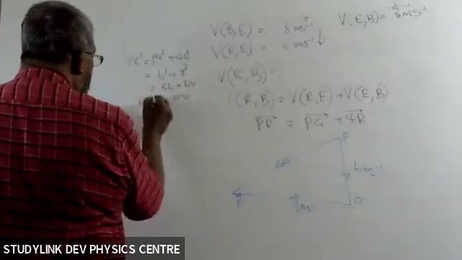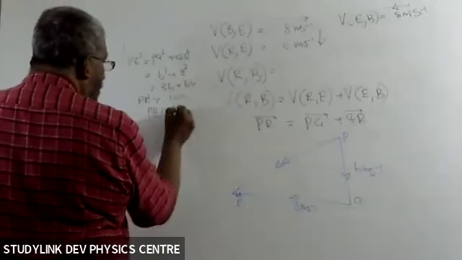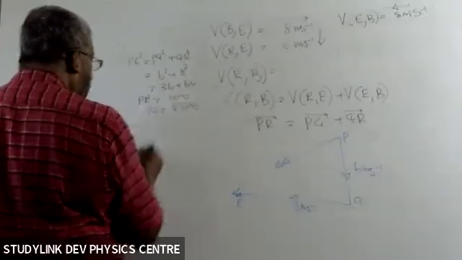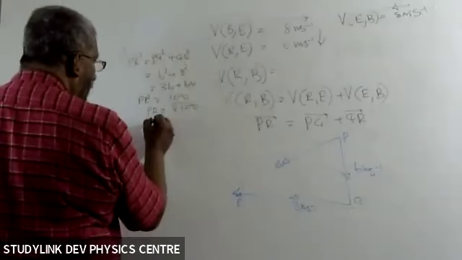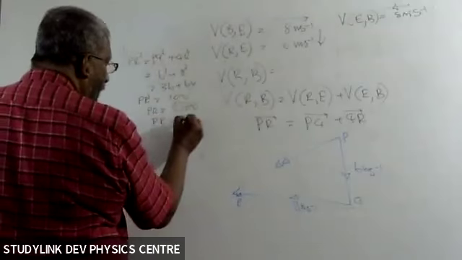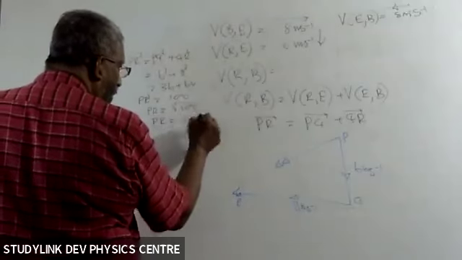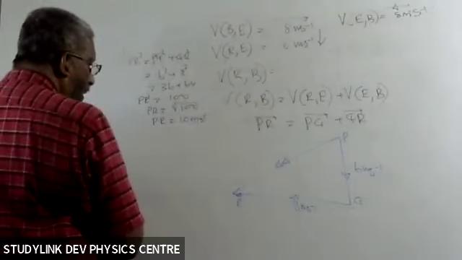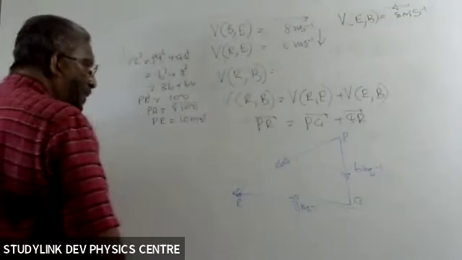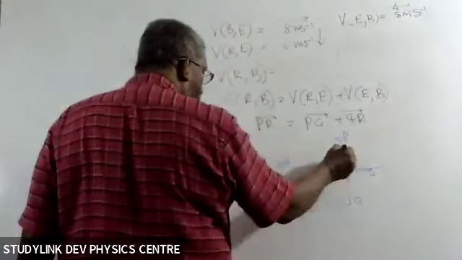So PR is equal to square root of 100. We consider only positive. Otherwise here you would write plus or minus. Then PR is equal to 10 ms minus 1.